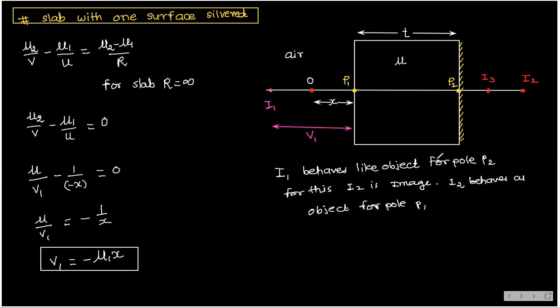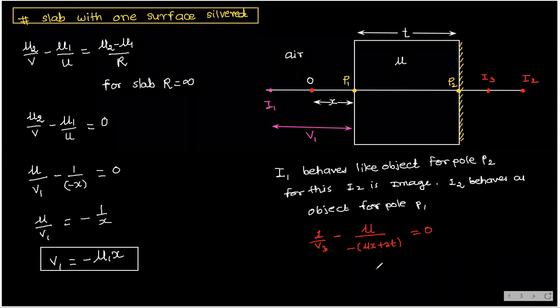If I want to find the final image distance, then directly I am doing, 1 by V3 minus mu divided by minus of mu x plus 2t, which is equal to 0.